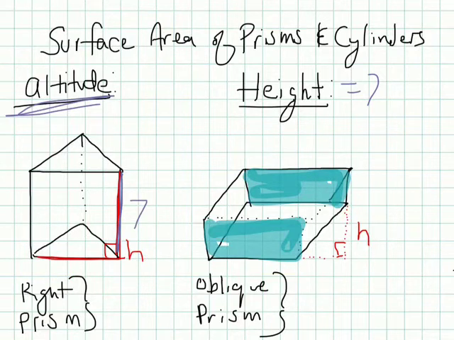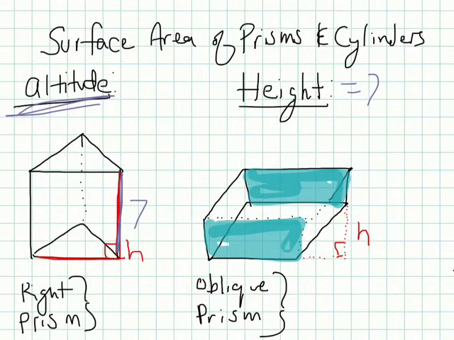Lastly, we want to talk about one or two more things: the difference between a right prism and an oblique prism. You can see there are some differences just visually. The right prism is probably the easiest to identify. Your lateral faces are the ones that go around, and when they are all rectangles, so this is a rectangle, this is a rectangle, this is a rectangle, and one of their edges is your altitude, then that's a right prism. Basically, one of these rectangles, your lateral face, joins the bottom base at a right angle.